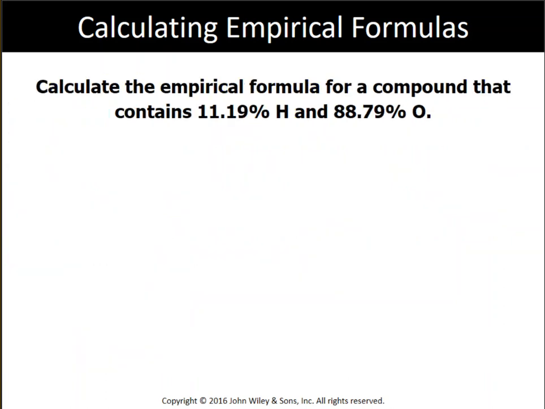So let's look at an example. You want to calculate the empirical formula for a compound that contains 11.19% hydrogen and 88.79% oxygen.